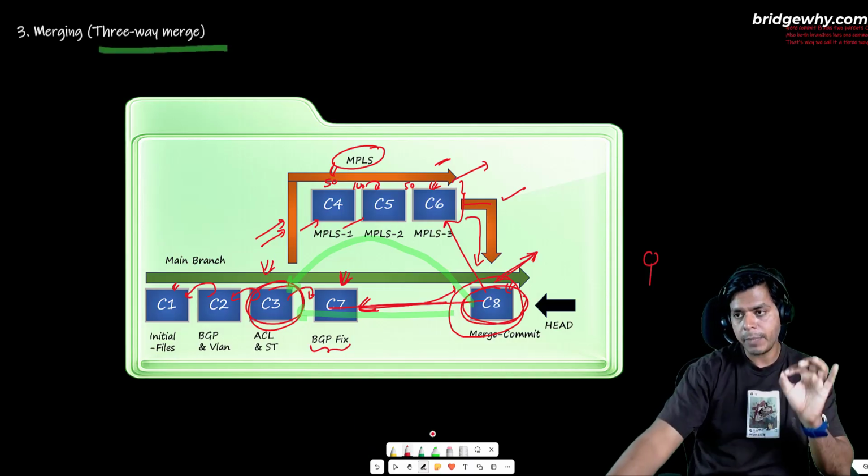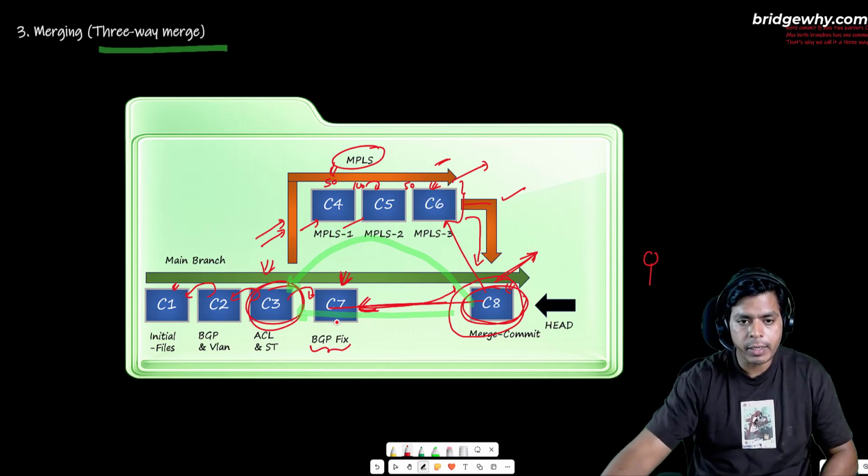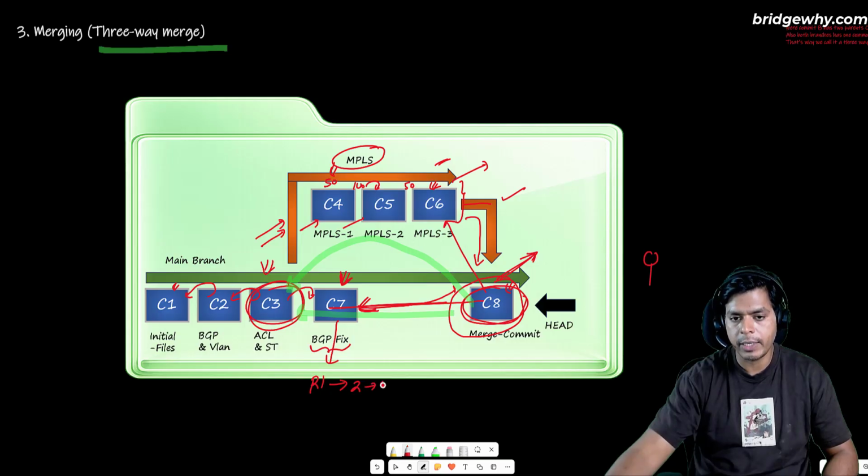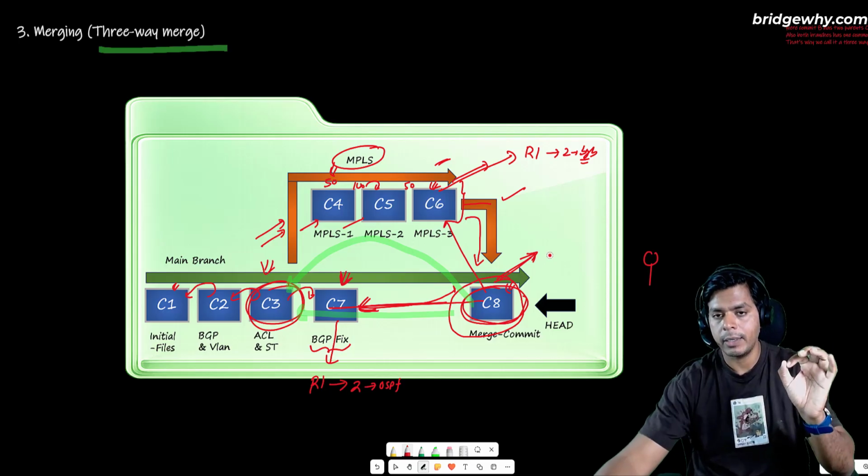One of the interesting problems which happens with a three-way merge is, suppose C7 has a router R1, and I have changed its second line and written OSPF, right? In C6 also, I have this R1, but in the second line, somebody has written BGP. Try to understand.